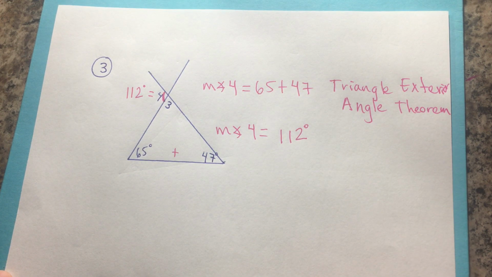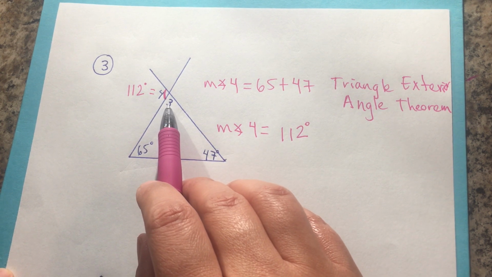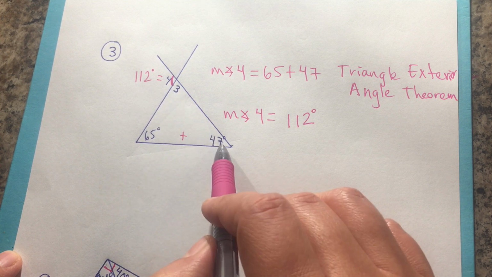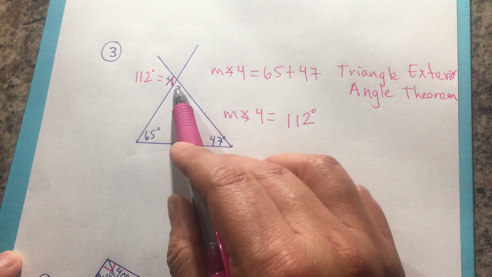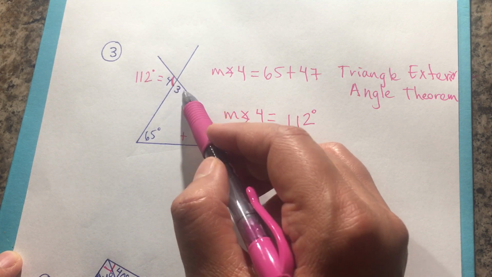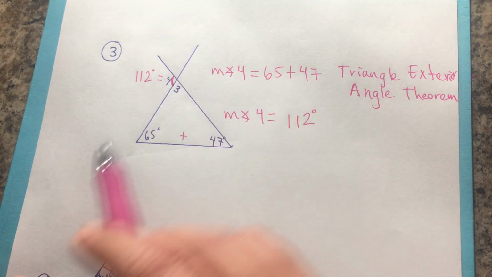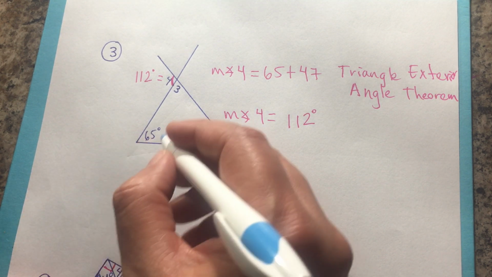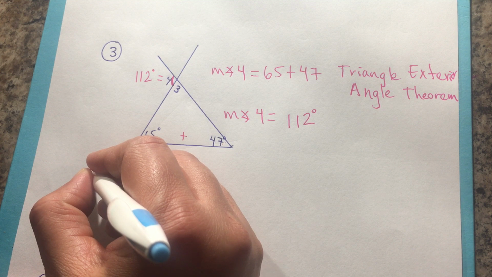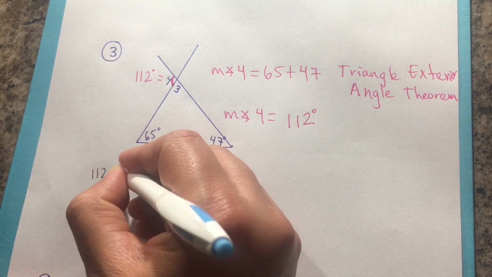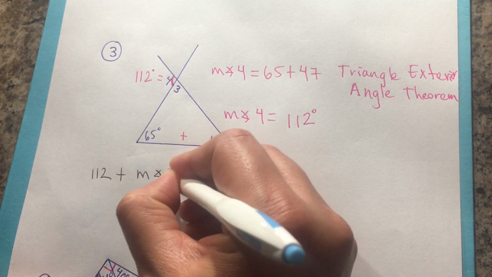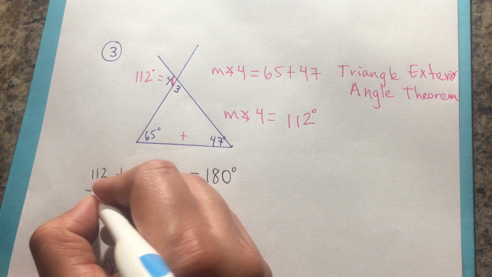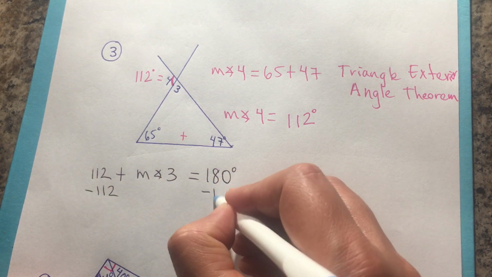To find the measurement of angle 3, we can do one of two things. We can use the triangle angle sum theorem, or we can use the adjacent angles. Either way, you're going to get the same answer. And so I'm going to do the adjacent angles. So 112 plus the measurement of angle 3 is going to be equal to 180. I subtract 112 from both sides.